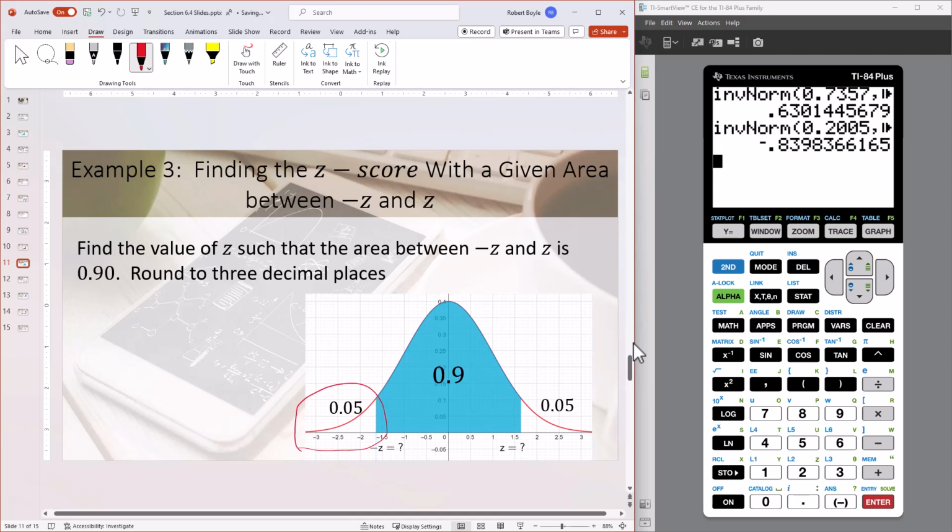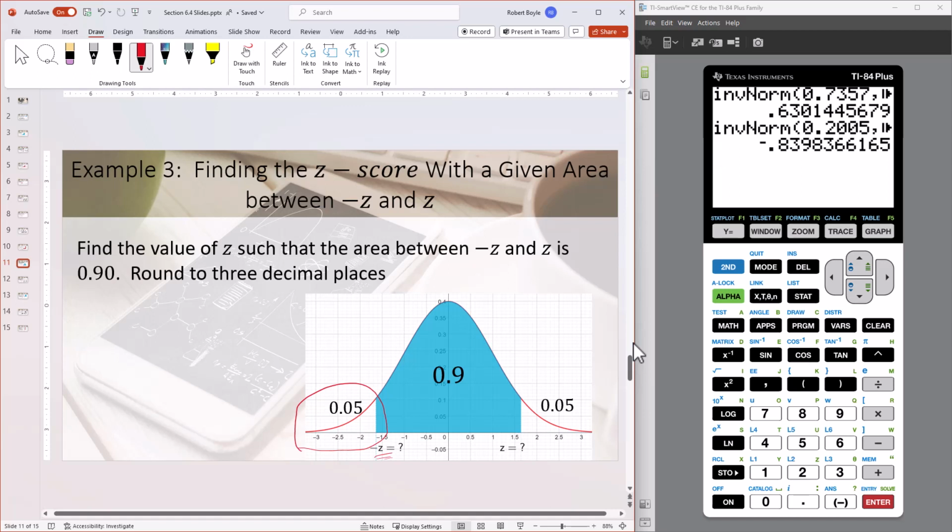So they need to know what this area is, and that will give you negative z, and of course then your answer is going to be the positive value of that, because the answer we're looking for is the absolute value of negative z in this particular case.